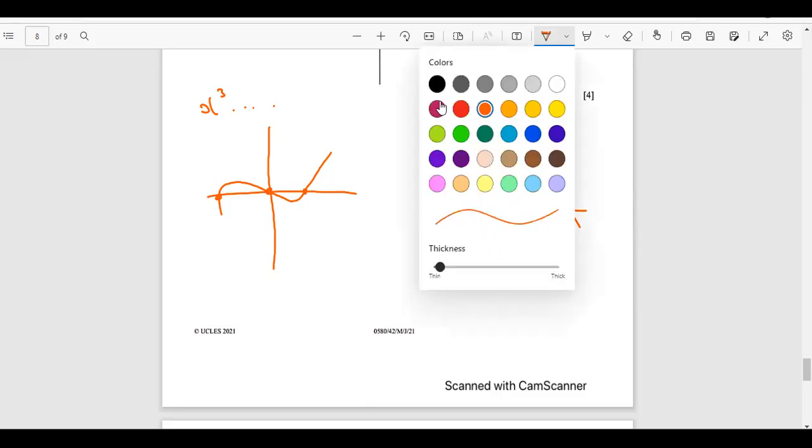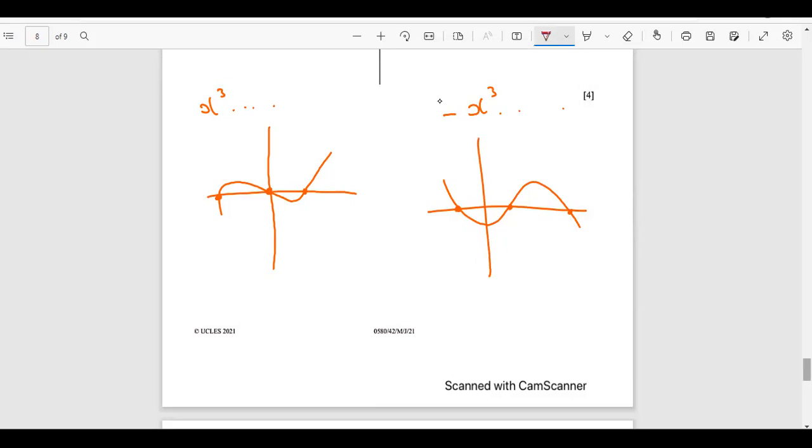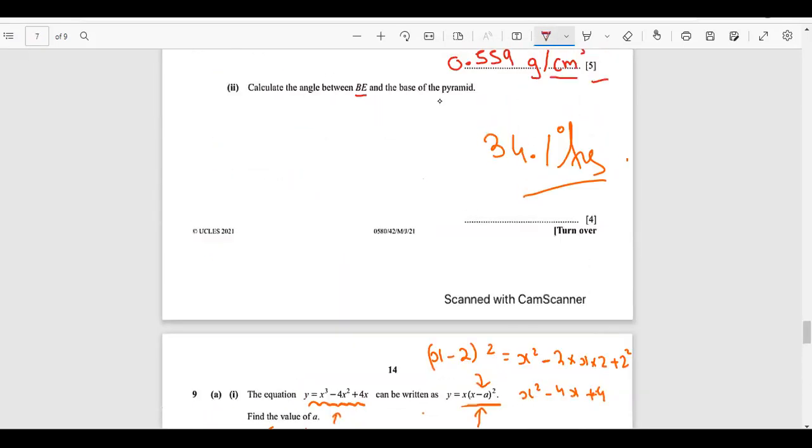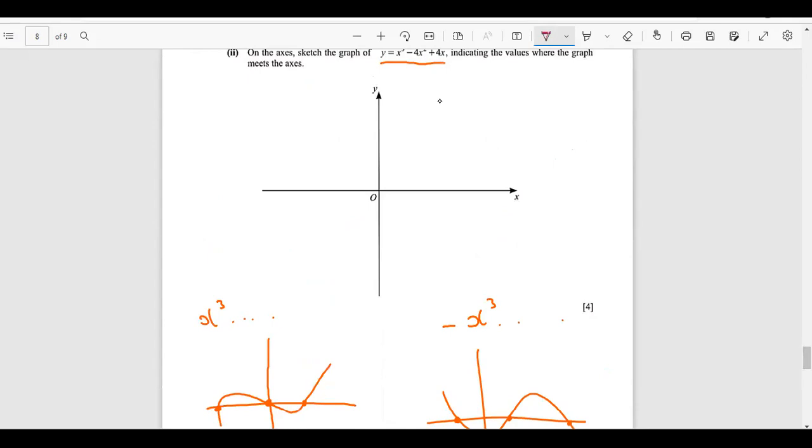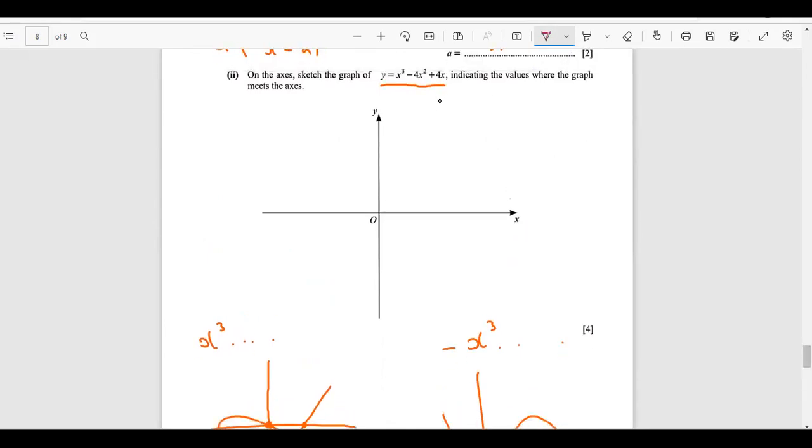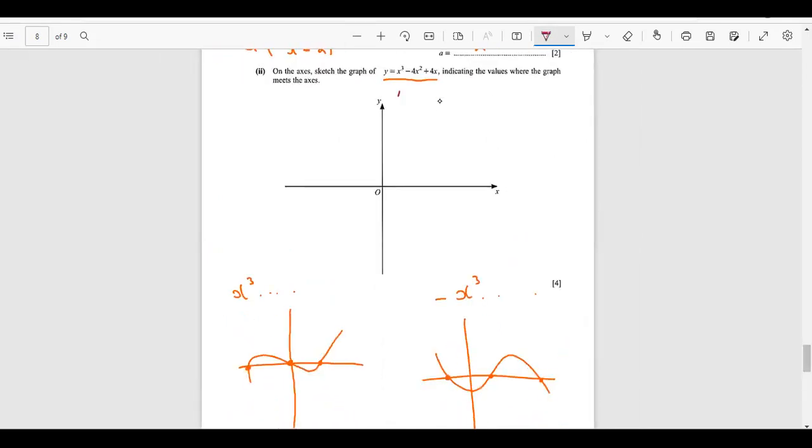So, for our case, since the equation is positive x cubed, we'll be going with this graph. So it would be something of this type, but you cannot draw it just randomly. Okay, we need to think about the values at which the graph would be cutting the x-axis.